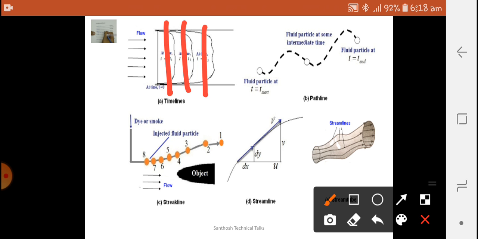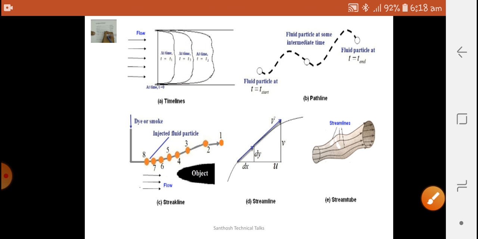At t equal to 0, what is the velocity, acceleration and continuity, at time A, as well as time B, as well as time C, and so on. So we are finding how the fluid flow behaves with respect to time. That is called the timeline.